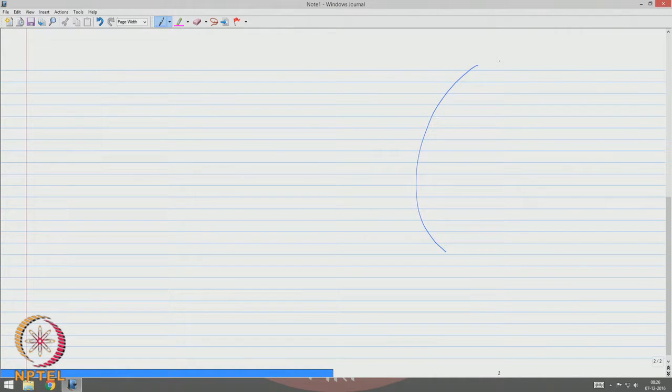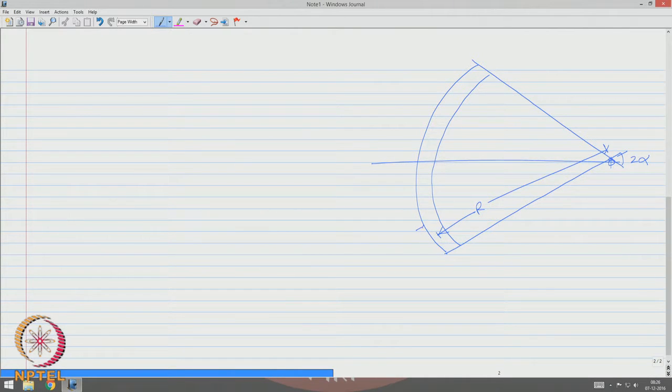We picked up a segment of a curve extending for an angle 2 alpha with radius r and section thickness t, this being the axis of symmetry.